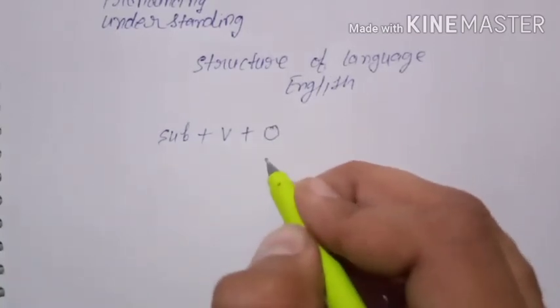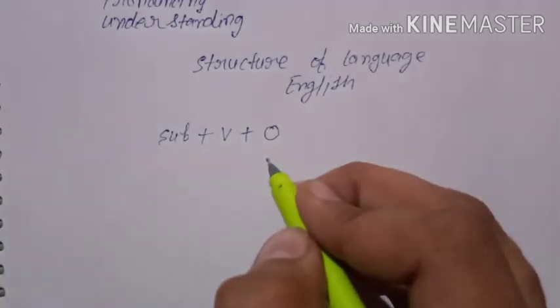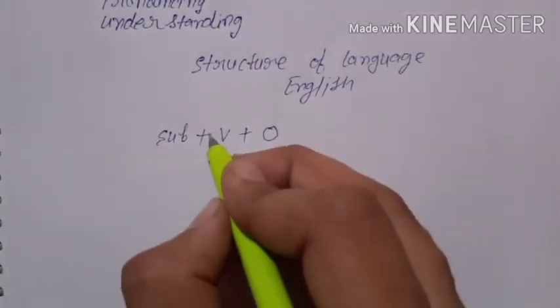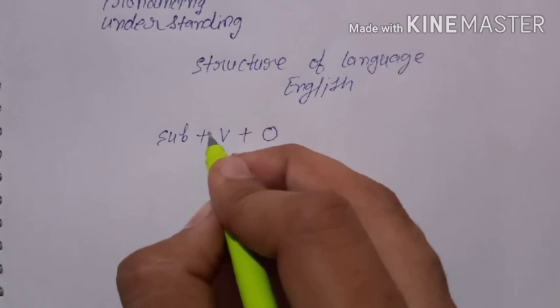If we need a helping verb, we adjust that here before verb and after subject in a simple statement, in a declarative statement.